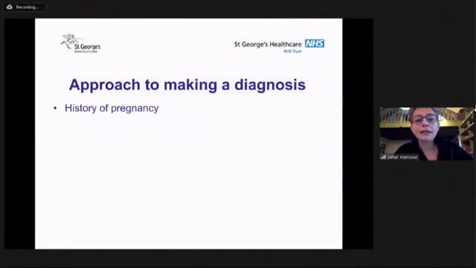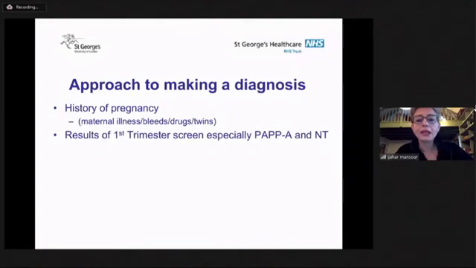So we initially take a history of the pregnancy. Are there any maternal illnesses, bleeds? Has there been any maternal medication? Is it twins? Because as Aris highlighted, intrauterine growth retardation is a common cause of short long bones, particularly the femurs. What were the results of the biochemistry and the nuchal translucency in the first trimester?